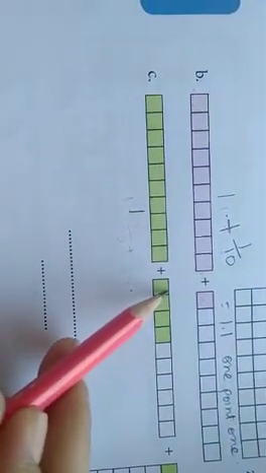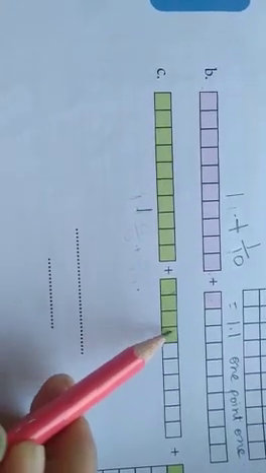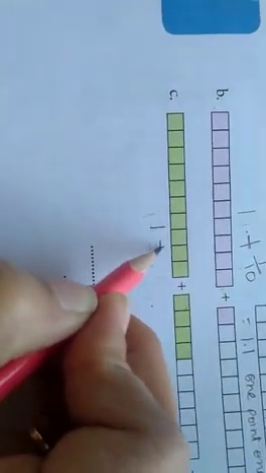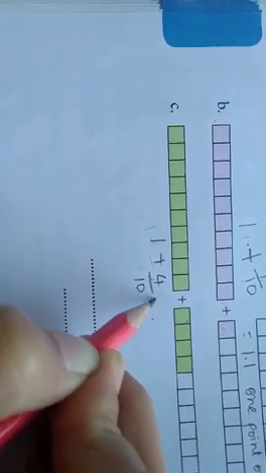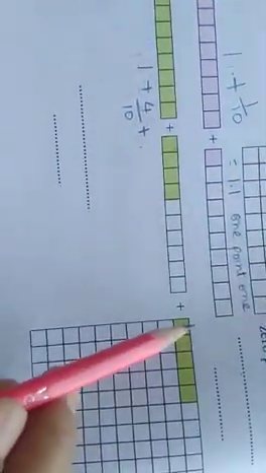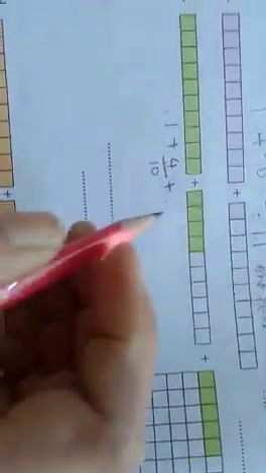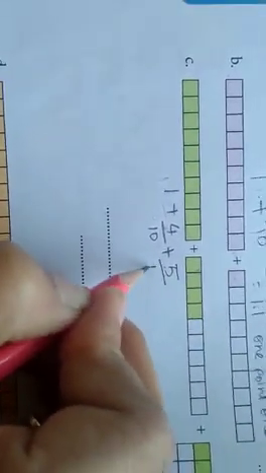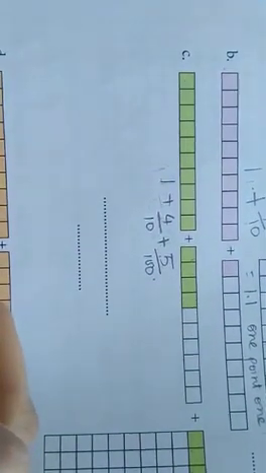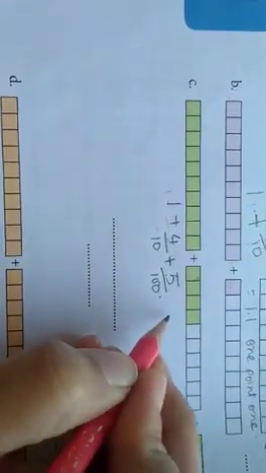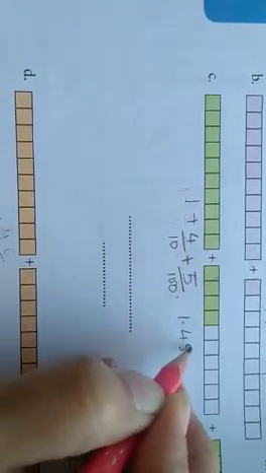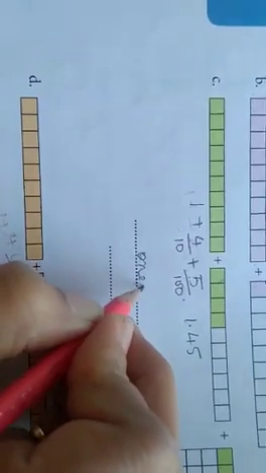Here 1, 2, 3, 4 boxes are shaded, so 4 by 10 plus. Here the last one, 1, 2, 3, 4 and 5 boxes are shaded, so 5 by 100. Okay, so it will be 1.45. Write 1.45.